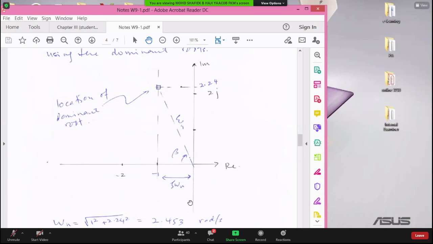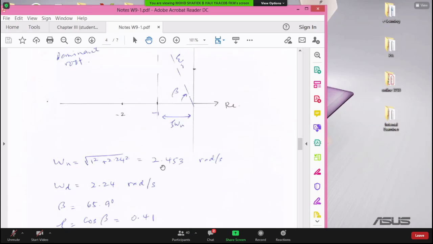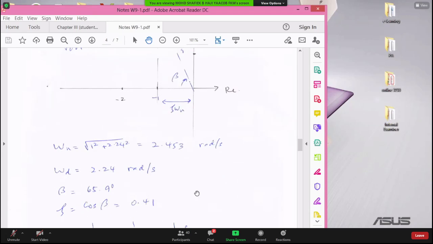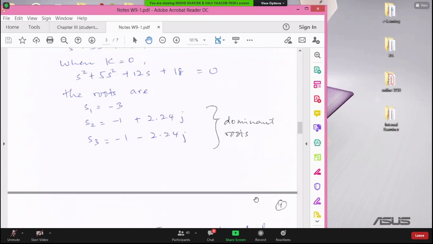So all you have to do is find the real part of the roots; 1 over that gives you the time constant. The imaginary part gives you the damped natural frequency. The cosine of that angle gives you the damping ratio. Okay, any questions?